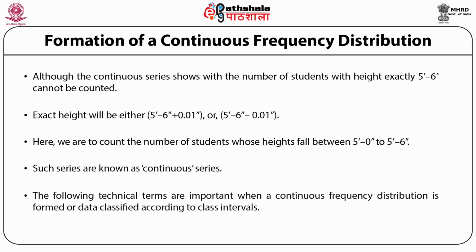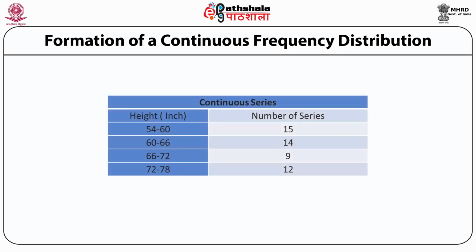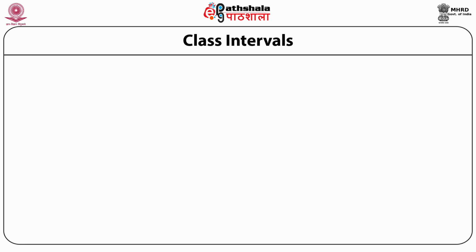The following technical terms are important when a continuous frequency distribution is formed of data classified according to class interval. So continuous series, this is height in inches and there are a number of series. Now class interval.